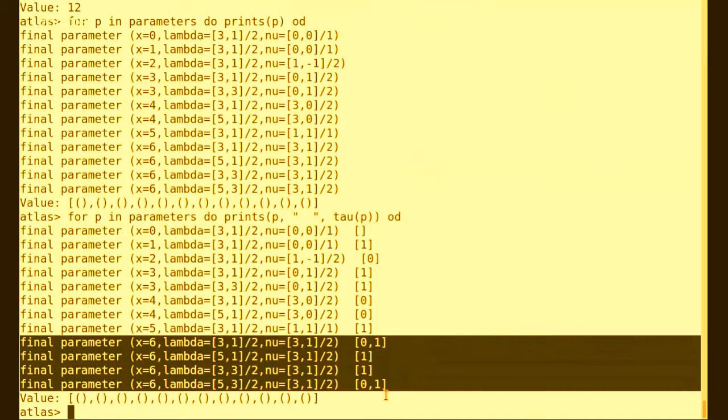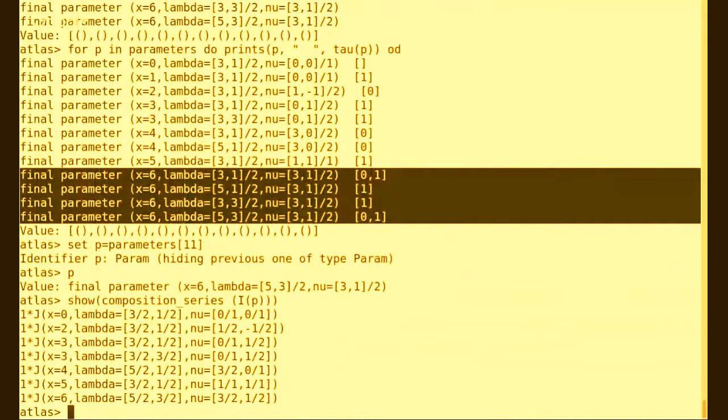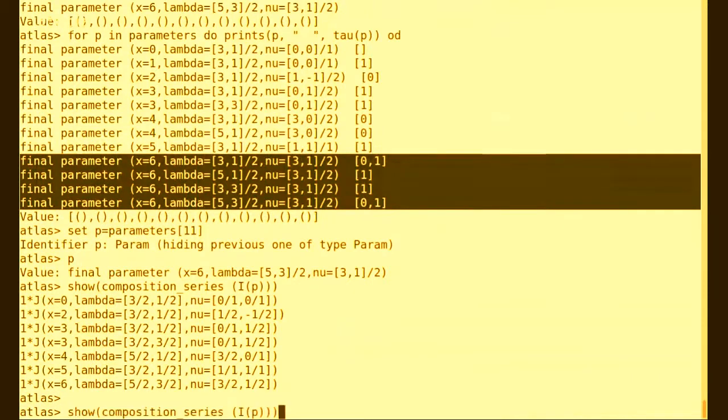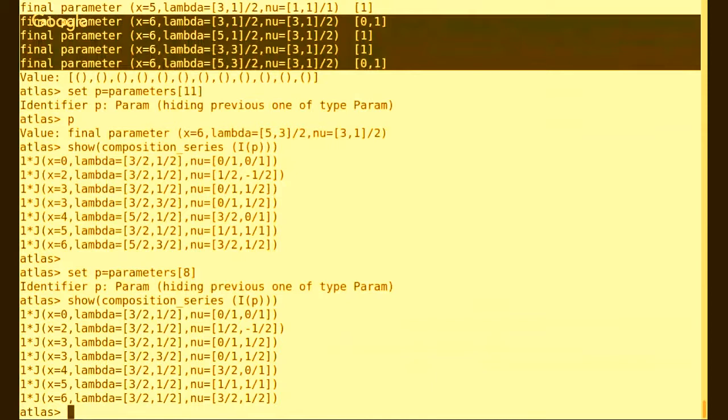So let's set P to be the last guy, parameters bracket 11. And let's look at the composition series of the corresponding standard module. And let's do the same thing for number 8, 11, 10, 9, 8. It should look more or less identical. So let's see.